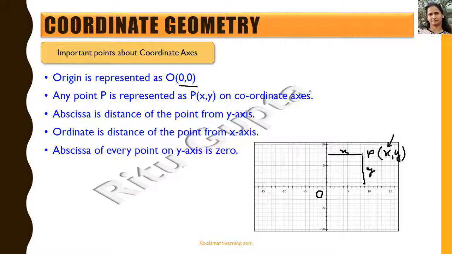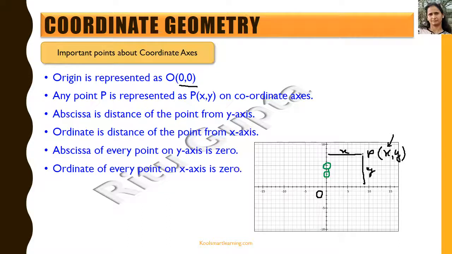Abscissa of every point on the y-axis is 0. Say for example, we take this point or this point. The distance of any of these points from the y-axis is 0 because they are lying on the y-axis itself. So the abscissa for all these points will be 0.